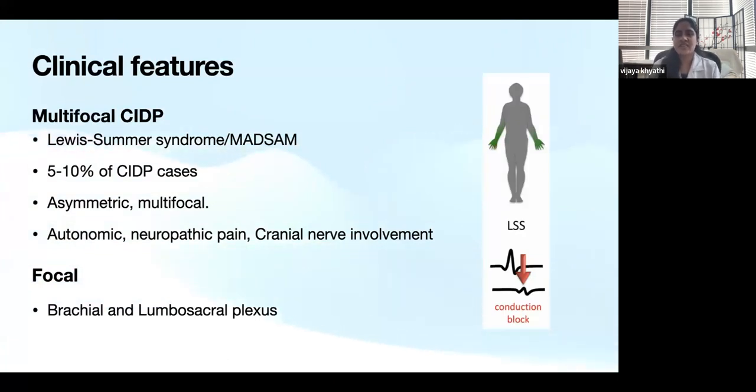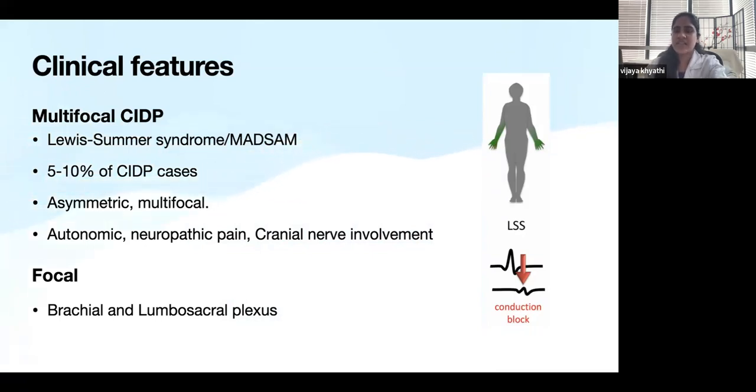It is asymmetrical, whereas typical CIDP is symmetrical, and it is characterized by autonomic symptoms, neuropathic pain, and cranial nerve involvement.